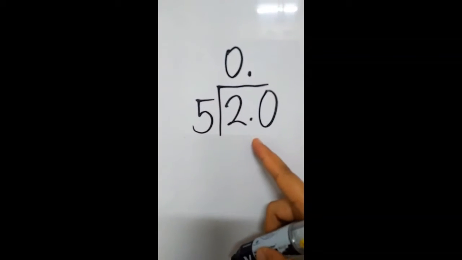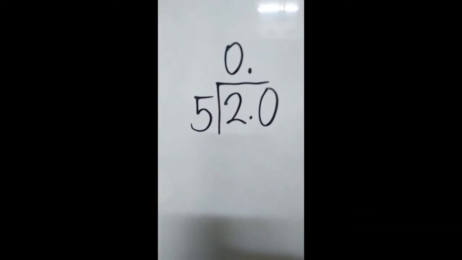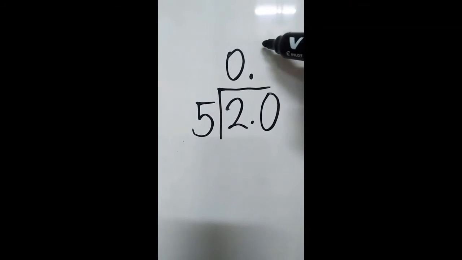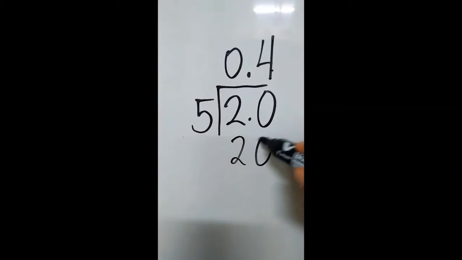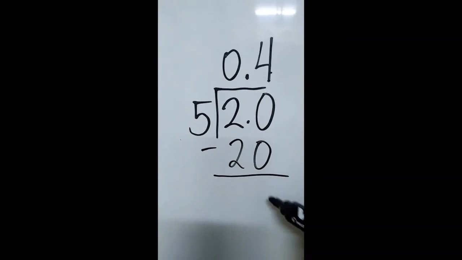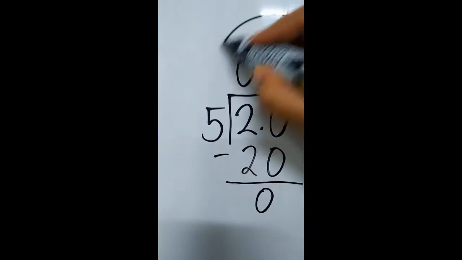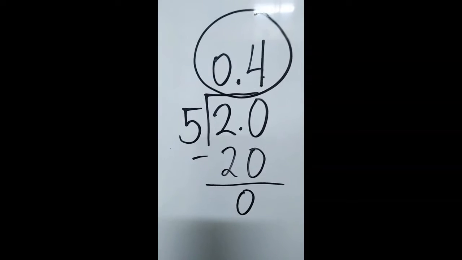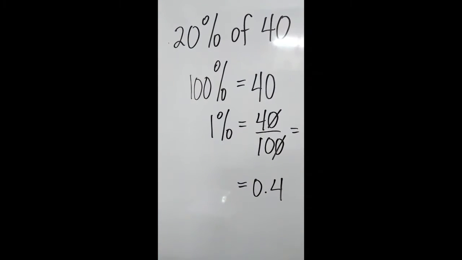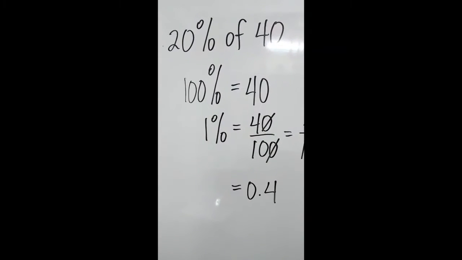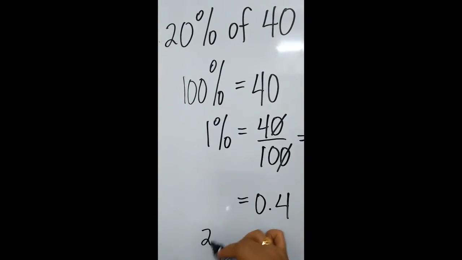So it means 20 divided by 5 is equal to 4. 4 times 5 is 20. Subtract, it's 0. So 1% is 0.4. If 1% is equal to 0.4, how are we going to take the 20%?